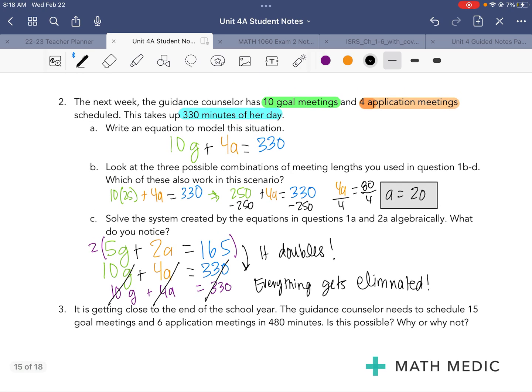So it is getting close to the end of the school year. The guidance counselor needs to schedule 15 goal meetings and 6 application meetings in 480 minutes. And we want to know, is that possible? Okay, so let's check.